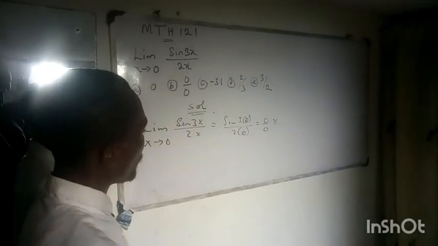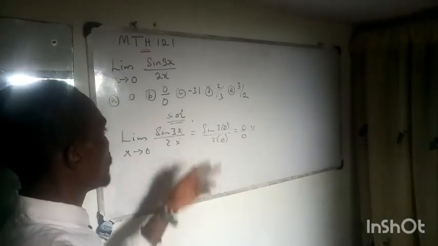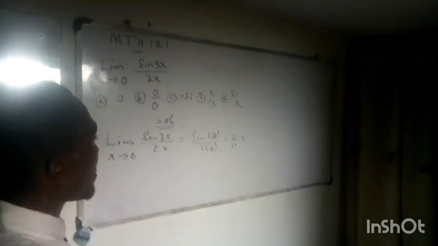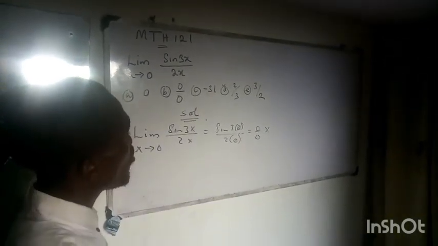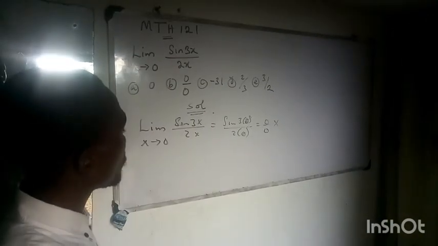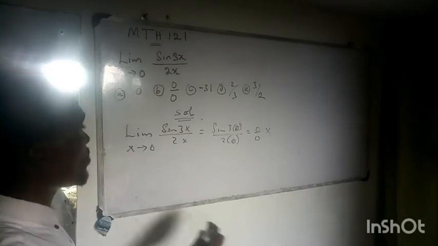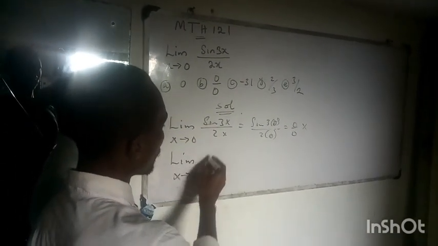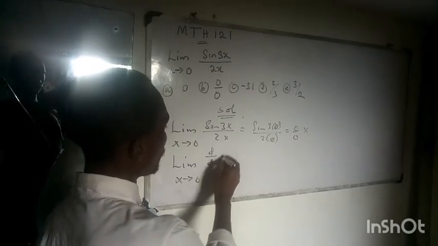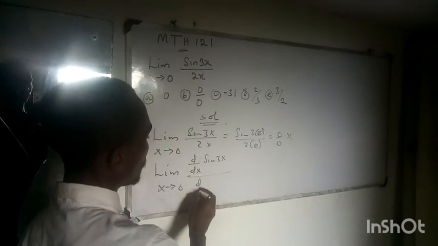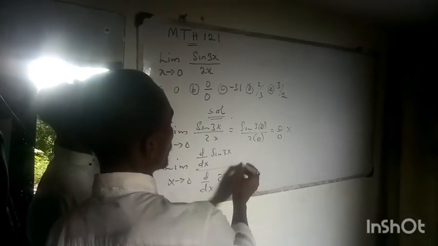To simplify this, we will need to expand this using our compound angle, but I think the easier way to go about this is to use L'Hopital's rule. So what we are going to do is to differentiate the numerator and the denominator at the same time. So differentiate sine 3x and we differentiate 2x.